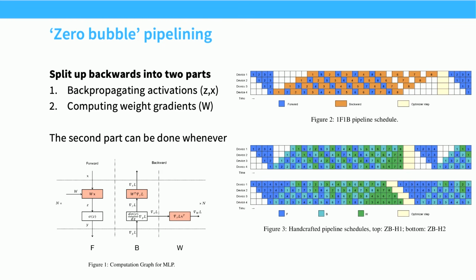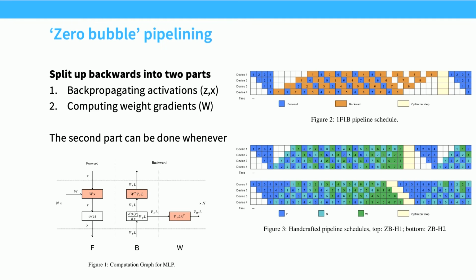One is you're going to propagate your partial derivatives further down your computation graph. So remember, backpropagation, you start at the end, and you're propagating these partial derivatives back, right? So you have to do that. But you also want to compute the gradients for the current weight. So you have two things that you do at every node of your computation graph. You're going to propagate backwards, and you're going to compute the derivative of your weight.